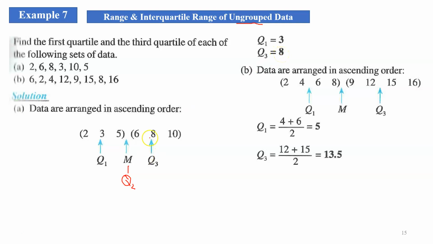Macam itulah. Senang untuk you bahagi-bahagikan dia. You bagikan sama rata dulu. Then only you know this is Q1, this is Q3. Ataupun you tengok ni ada berapa nombor? Ada 6 nombor kan? 1/4 daripada 6, you akan dapat di sini. 3/4 daripada 6, you akan dapat di sini.